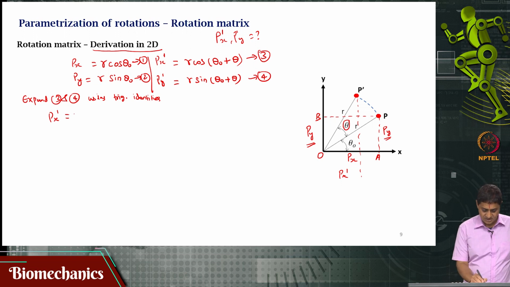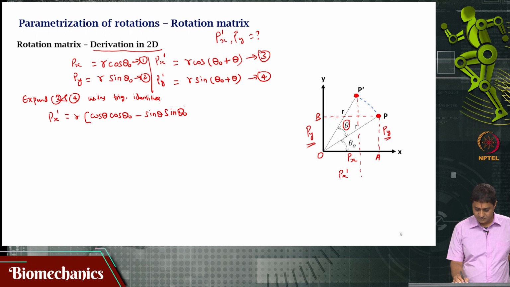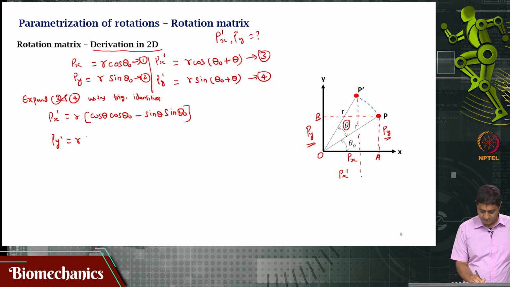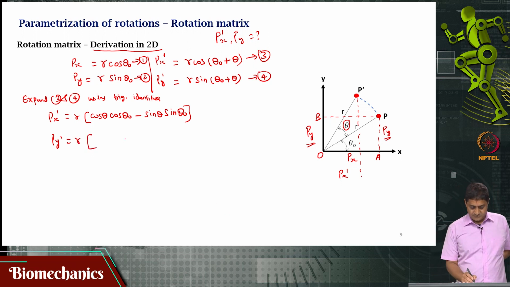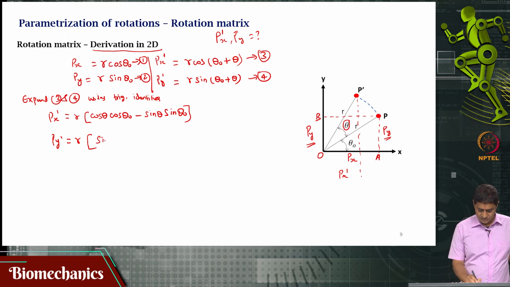That will give me Px dash as r times cos theta cos theta naught minus sin theta sin theta naught, and Py dash as r times sin of a plus b, that would be sin theta cos theta naught plus cos theta sin theta naught, is it not?